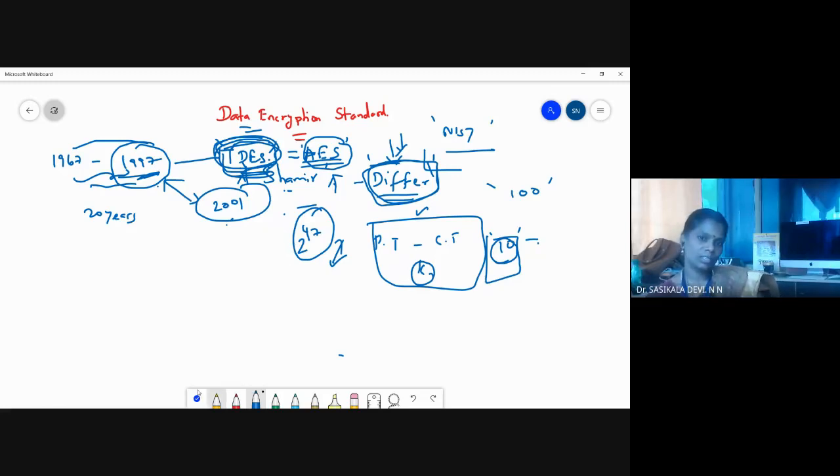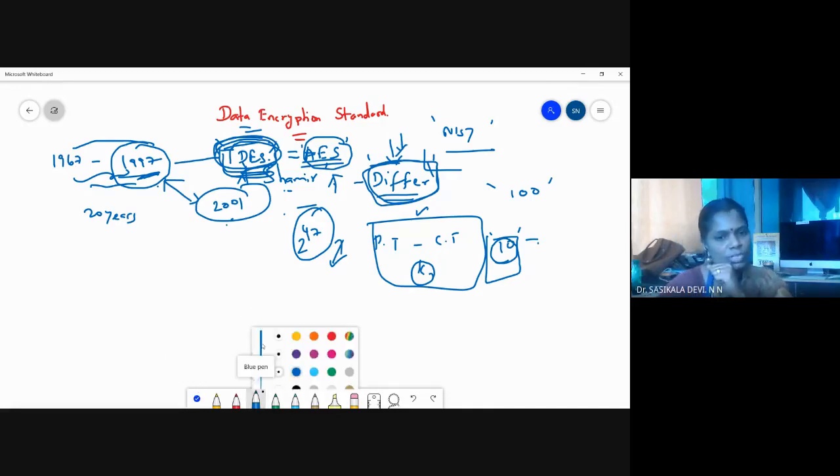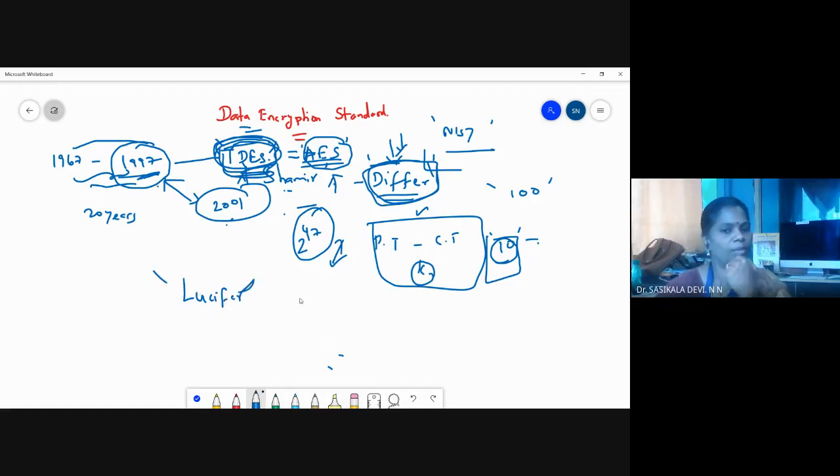The precursor of DES is the Lucifer cipher. Lucifer is the first cipher developed by IBM. It is also a block cipher, a product cipher, based on the Feistel structure, a substitution-permutation architecture, with 16 rounds. It works on 64-bit data at a time.